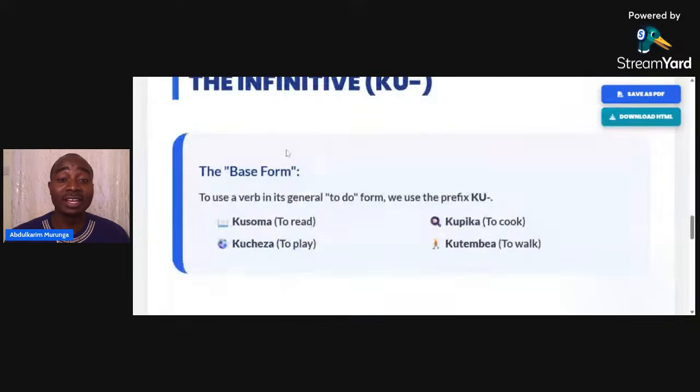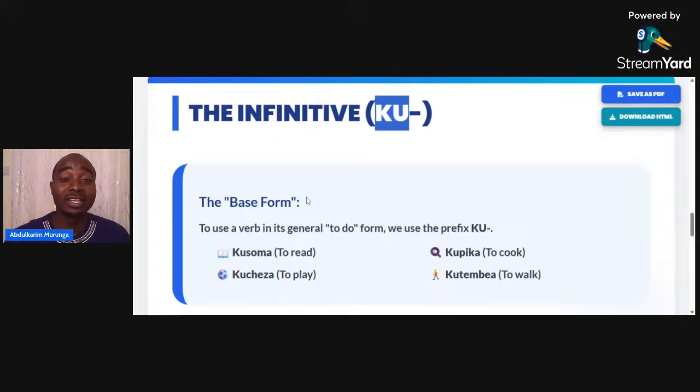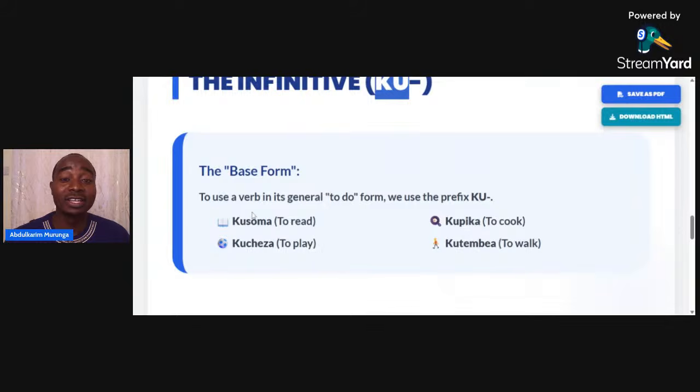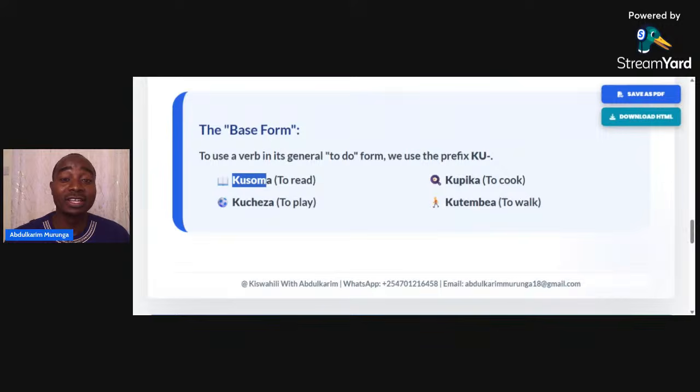We continue. Now, we have the infinitive, ku. We just talked about the pronouns and their representative prefixes. This is the infinitive ku. This is the base form of the Swahili verb. So to use a verb in its general to-do form, we use the prefix ku. Most verbs exist with this ku, and you can see here kusoma.